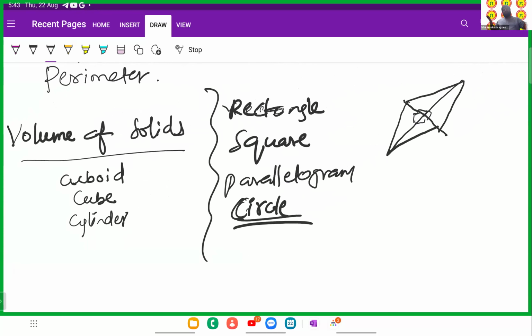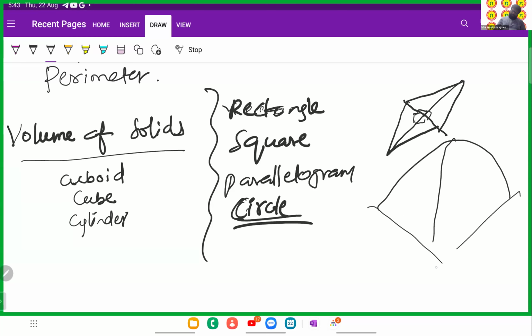If you go out and purchase a kite during the Makar Sankranti festival, you can see it is attached with two sticks from one side to the other. Are those two sticks parallel or perpendicular? Perpendicular.